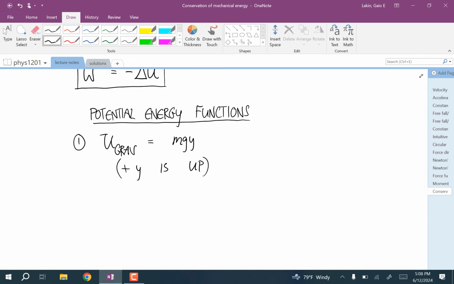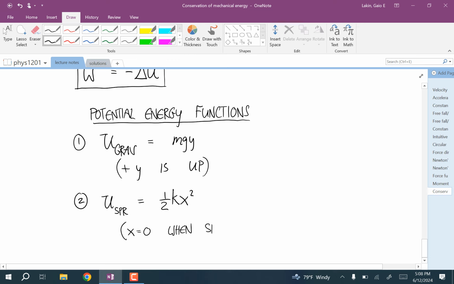The second potential energy function that we're going to use is for springs. The spring potential energy is 1/2 times the spring stiffness times x squared, where x equals 0 is when the spring's at its resting length.